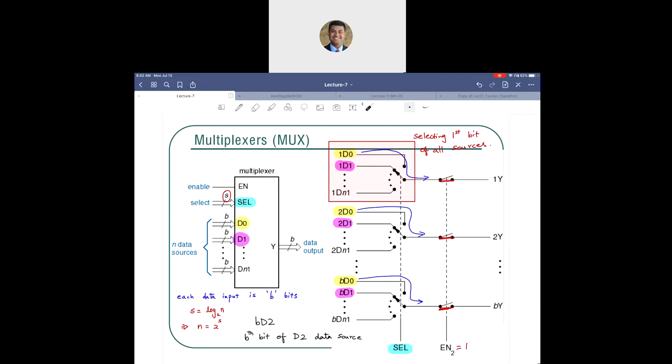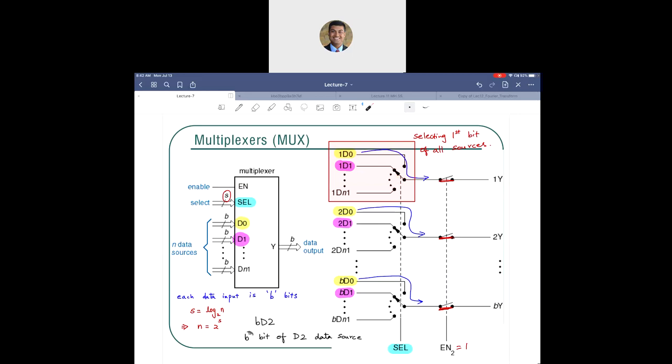So you can design that multiplexer as 4 switches, each switch could be in one of 26 positions, or you can have 26 switches where each switch could be in one of 4 positions.